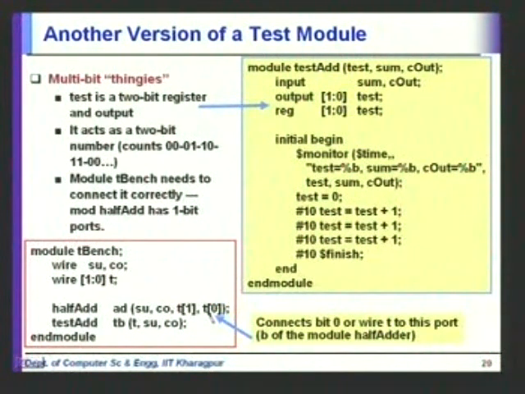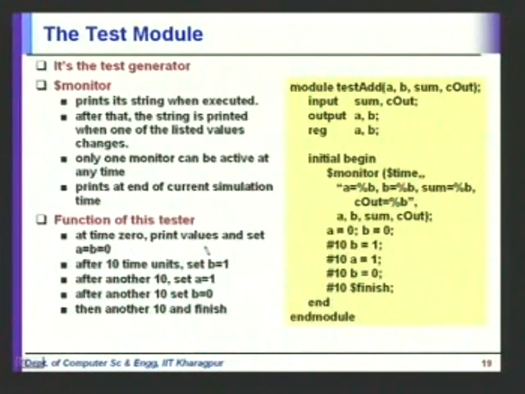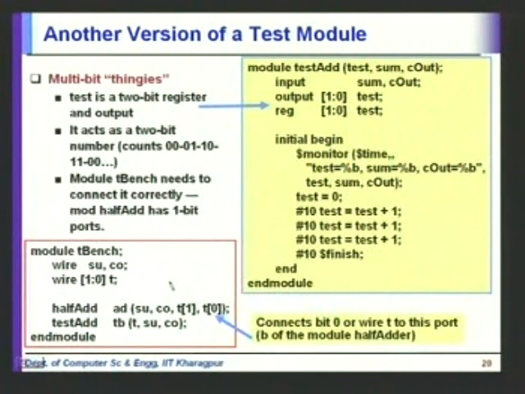The input of the half adder previously in our definition was 2 separate inputs A and B. Now we are saying let the input be a 2-bit wire. So this wire has 2 bits, the bit 0 is here and bit 1 is here, right? So that's how we have to instantiate. Rest of it is similar.